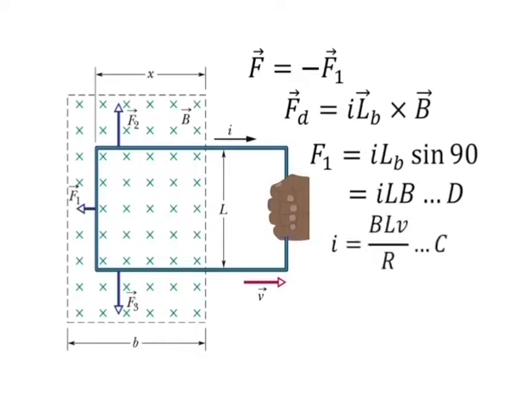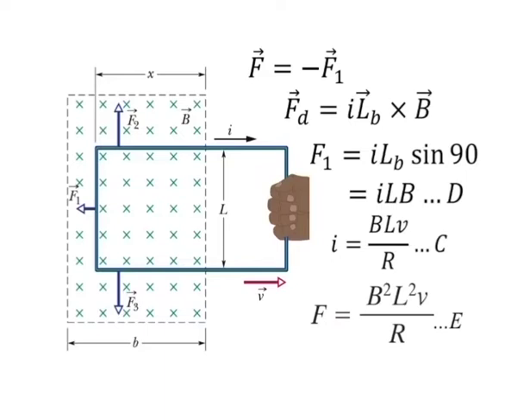Substituting equation C for i in equation D then gives us F is equal to B squared L squared v divided by R. Because B, L and R are constants, the speed v at which you move the loop is constant if the magnitude F of the force you apply to the loop is also constant.